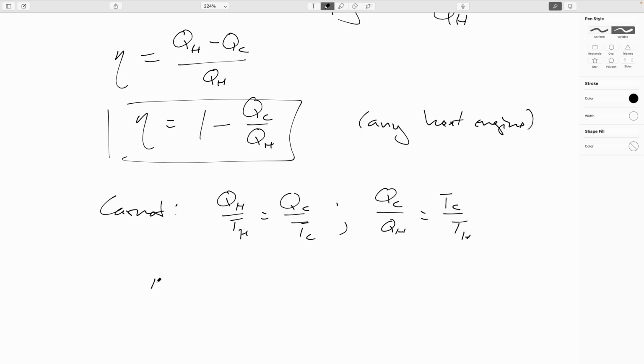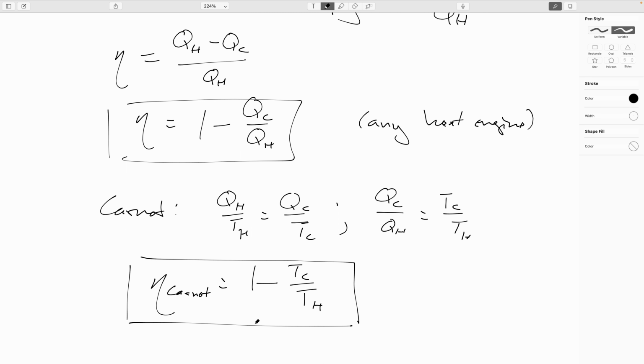So our most efficient possible engine, our Carnot efficiency, is 1 minus, putting in the Q cold over Q hot here, T cold over T hot, and make darn sure you work in kelvins or Rankines, some absolute temperature scale here. But this is our maximum possible efficiency.